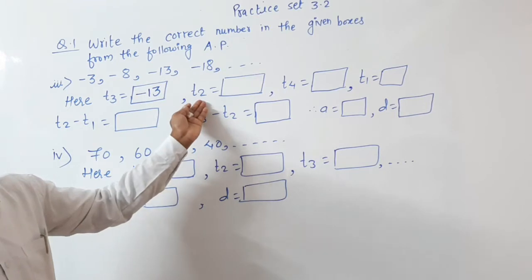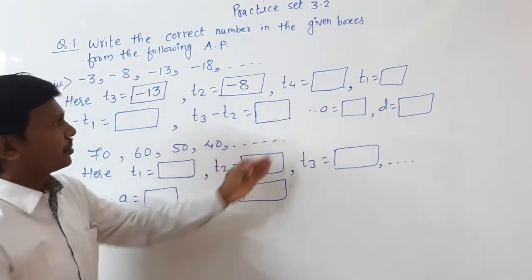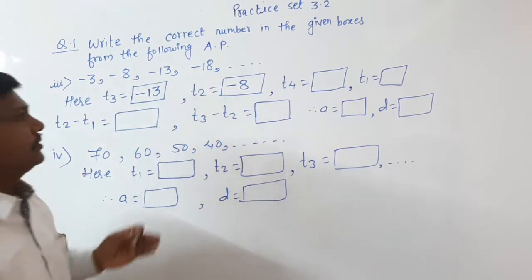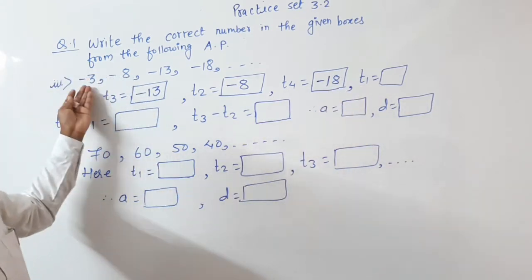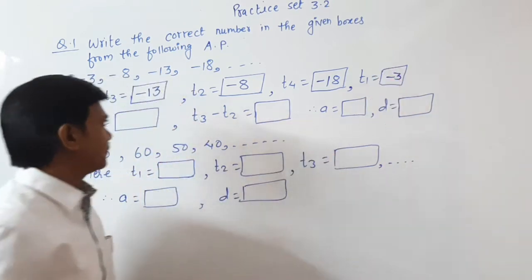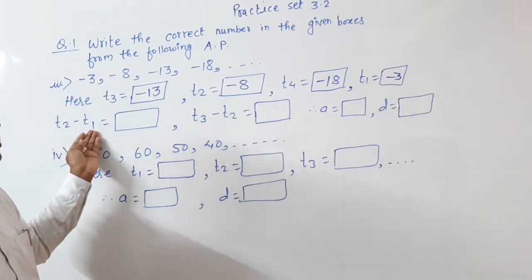Then T2, the second term, that is minus 8. T4, that is minus 18. And the first term T1, that is minus 3. Then find T2 minus T1.